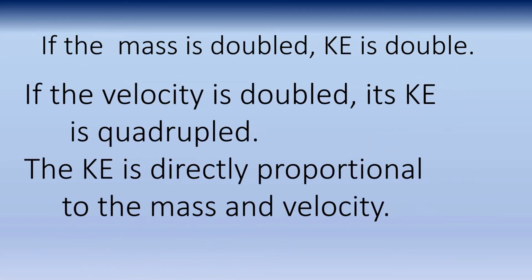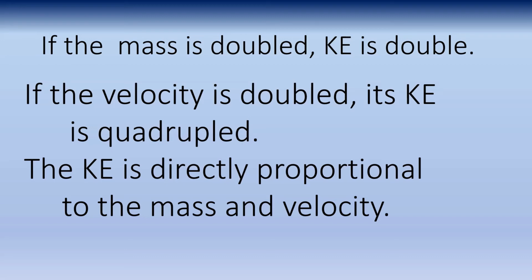So we have to remember that if the mass is doubled, the kinetic energy is doubled. If the velocity is doubled, its kinetic energy is quadrupled. So the kinetic energy is directly proportional to the mass and velocity. Meaning, if the mass is increased, its kinetic energy also increases.